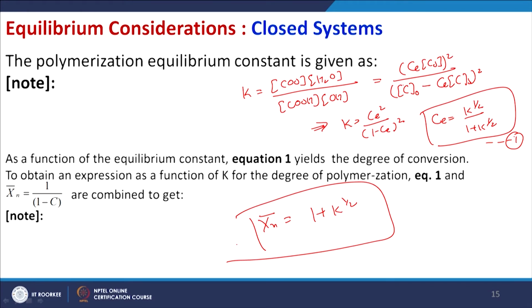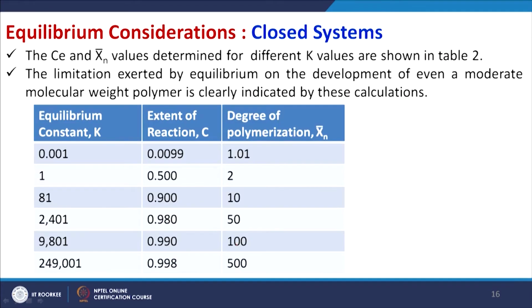This particular equation gives you a good knowledge about K, the rate constant, etc. Now, CE and X bar n values usually determined for different K values are represented in this table too.